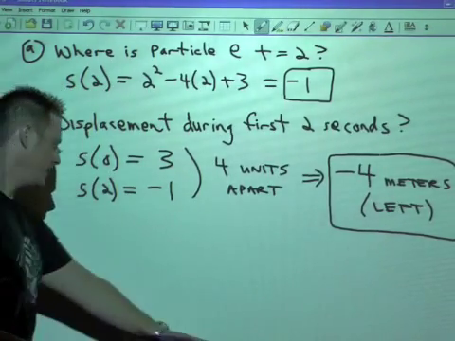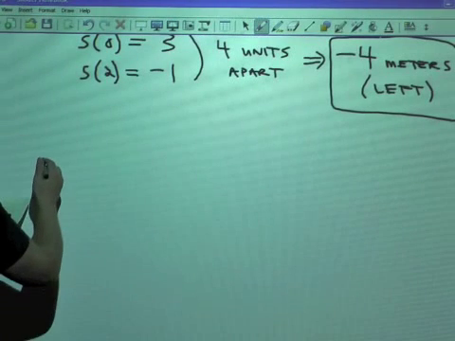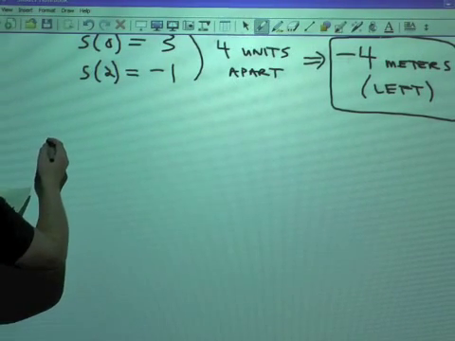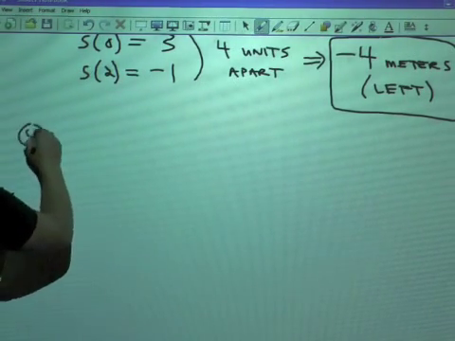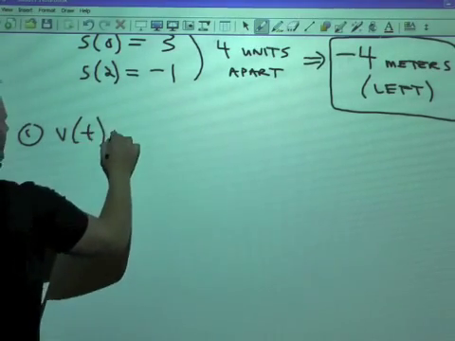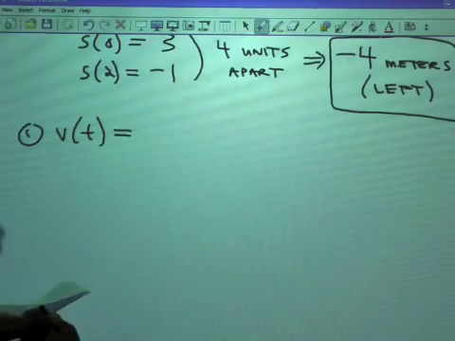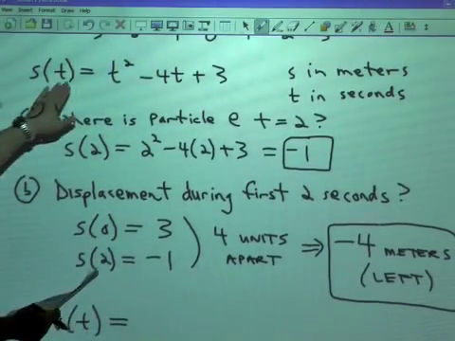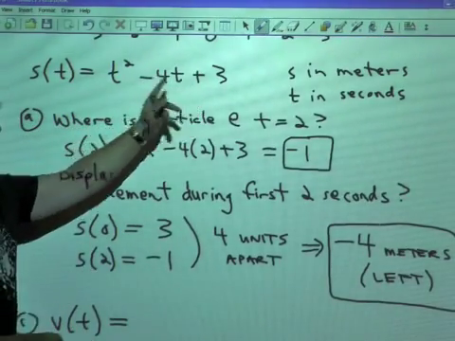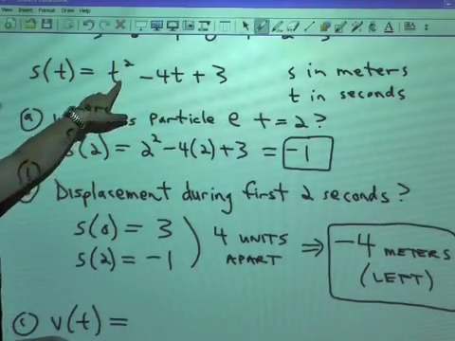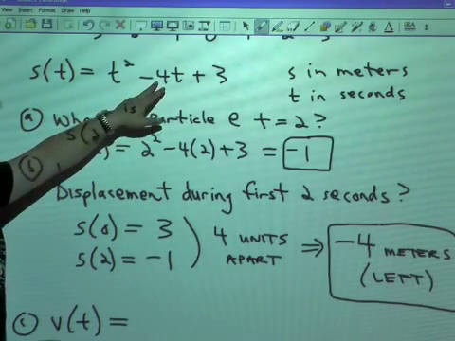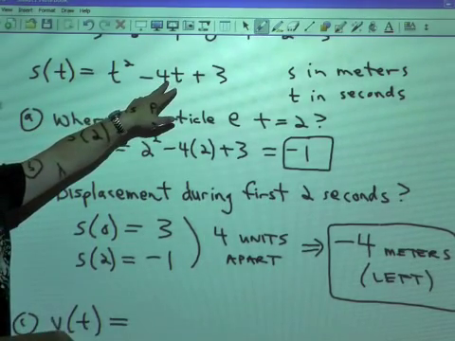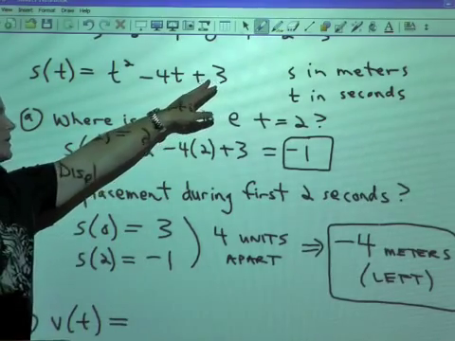Now, you could also be asked to find velocity and acceleration. Let's say we're asked to find the velocity function. Well, again, that's just a matter of taking the position function and differentiating it. So using the power rule, the derivative of t squared is 2t, the derivative of 4t is 4, the derivative of 3 is 0.